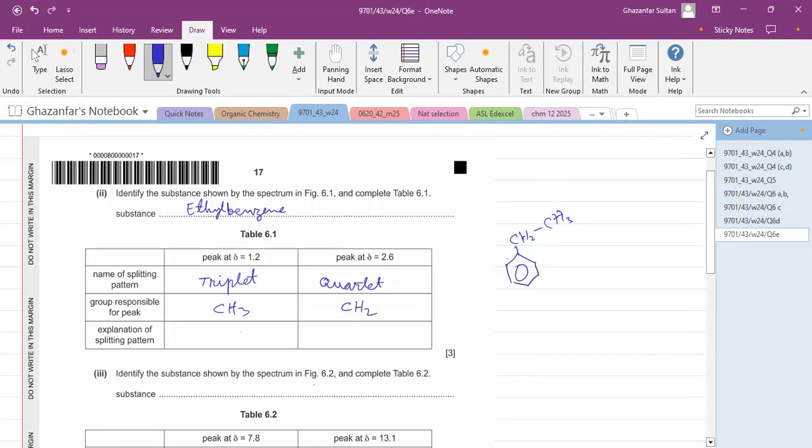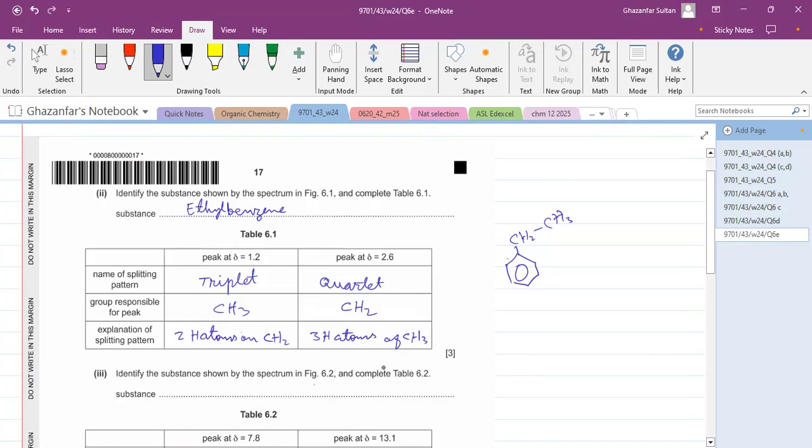So the reason is 2 hydrogen atoms on the CH2 carbon atom. And here, 3 hydrogen atoms of CH3.